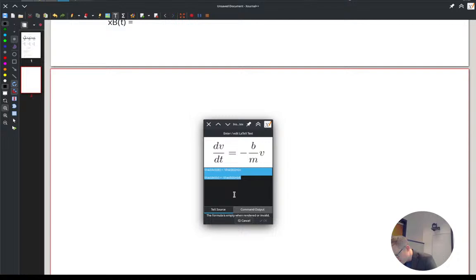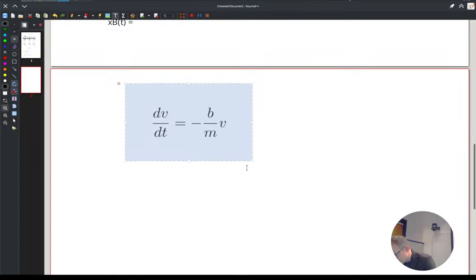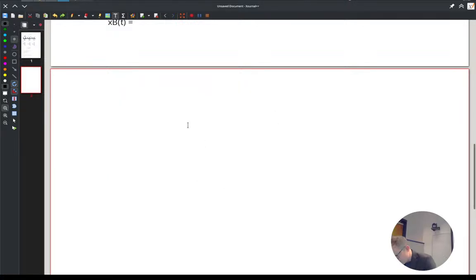So the change of velocity for the second time, for only the second one, is negative b. Wait, that doesn't really make sense. Because I thought we were trying to get acceleration. v over t is acceleration.